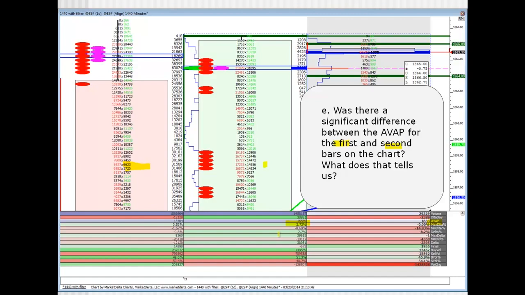The average volume at price actually increased here, even though we had less volume. So that meant at each price level there was certainly more volume traded than the prior day. Also, this could be accounted for by the fact that the range for this up day was a smaller range than the prior down day.